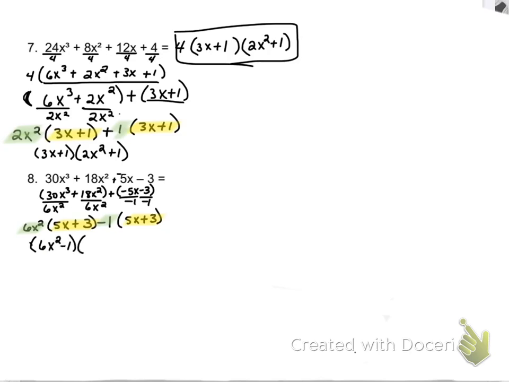And then in your other set of parentheses, it will be 5x plus 3. And then that's your final answer. Now, looking at the 6x squared minus 1, there is a minus sign. It could be a difference of squares, except you can't take the square root of 6 and get a nice even number. So even though it's got two terms and a minus sign, it is not a difference of squares either.